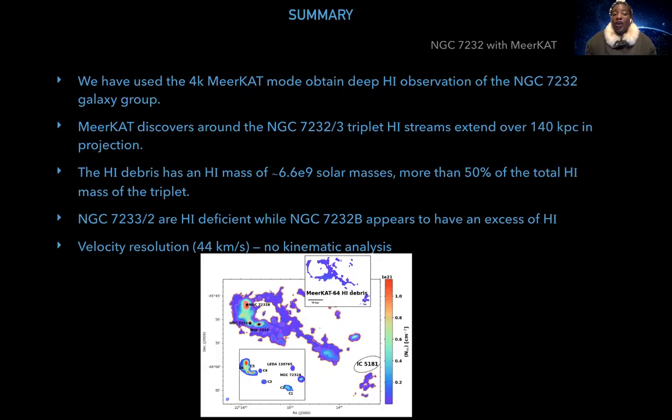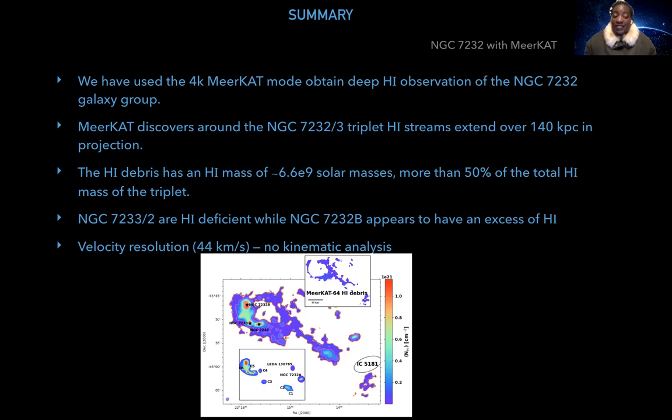In summary, we have used the 4K MeerKAT mode to obtain deep H1 observations of the NGC 7232 galaxy group. MeerKAT discovered widespread H1 emission, which extends over 140 kiloparsec in projection. The H1 debris has an H1 mass of more than 50% of the total H1 mass of the galaxy triplet.